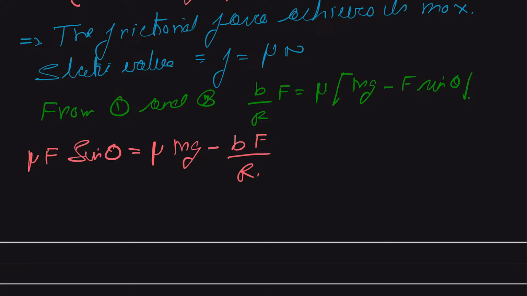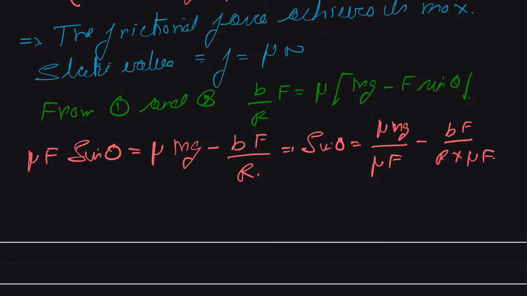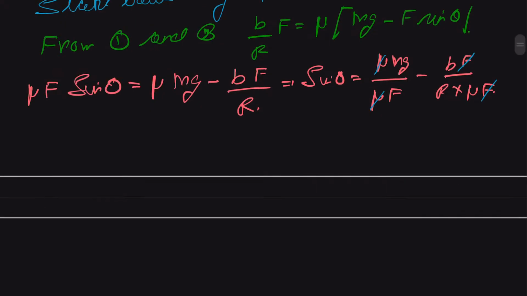Okay. And from here we can say that our sine of theta is equal to mu mg divided by mu F minus Bf, and this is our R times mu F. So from here mu and the second part force cancels out, therefore we get sine of theta will be equal to mg by F minus B upon mu times R. Okay.